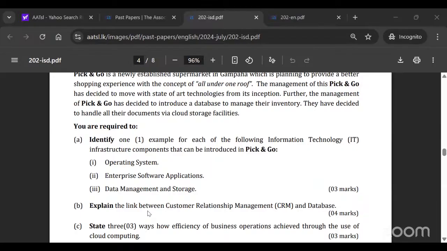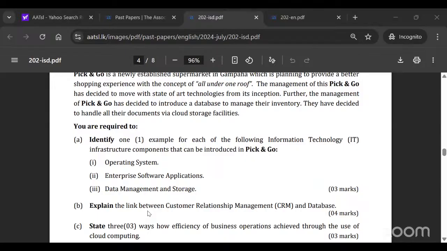Enterprise software applications. Second is the enterprise software application, that means an ERP system. An example is SAP Business One. You can even suggest Oracle E-Business Suite, Microsoft Dynamics, Pronto, Odoo, previously known as Open ERP.